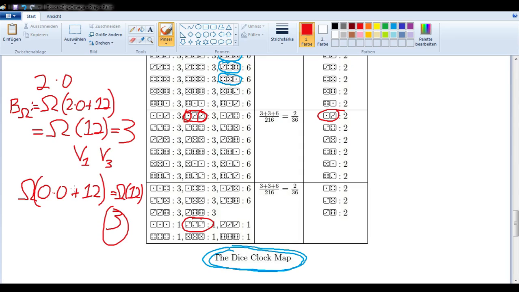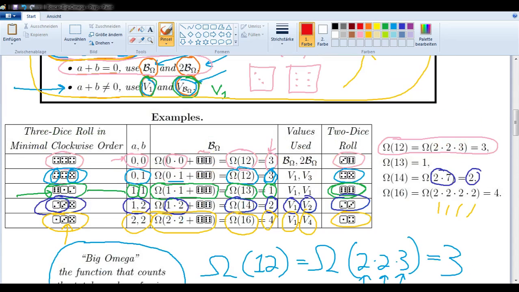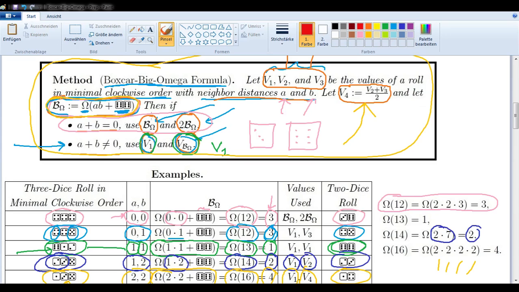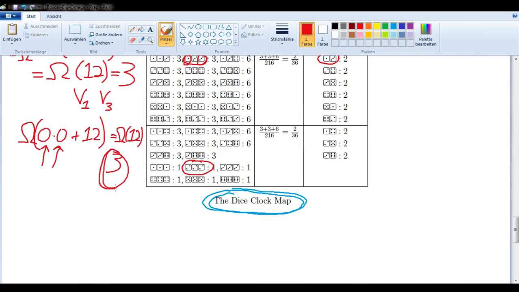But this time, since a plus b, so in other words, since the neighbor distances sum to 0, what we need to use is Boxcar-Big-Omega itself and 2 Boxcar-Big-Omega. And we saw that this was 3. So that must be 3 and 6. And we see, indeed, 3 and 6.